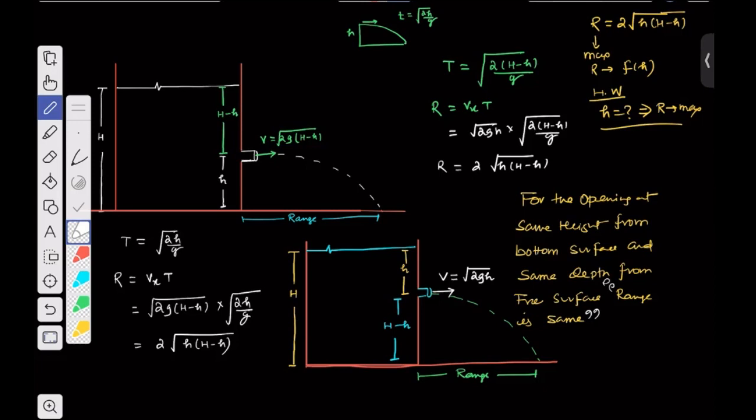Okay, then next we'll see something which is called Magnus effect.